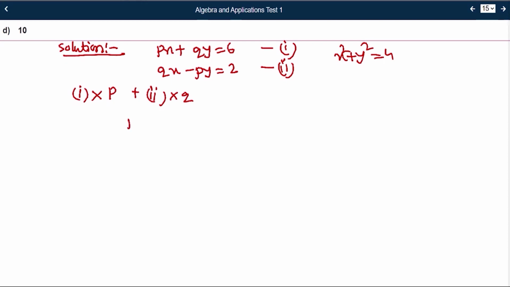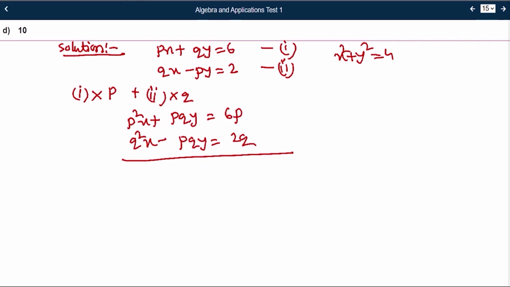So p square x plus pqy equals 6p, and also q square x minus pqy equals 2q. Since from these two steps we can eliminate y, right?